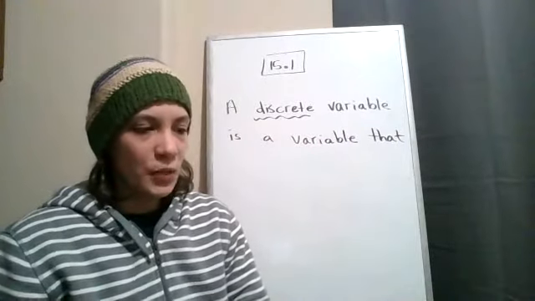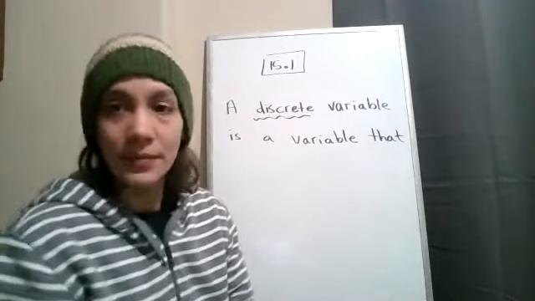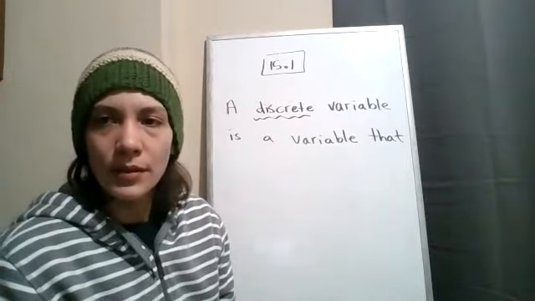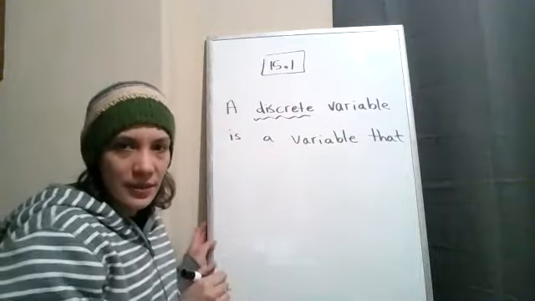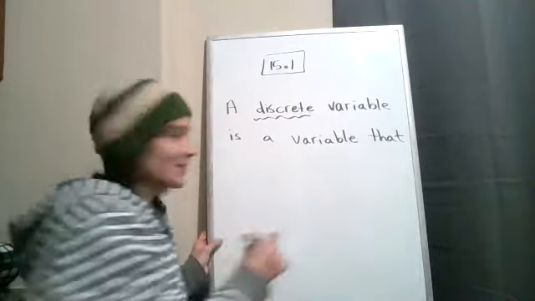That can only change by minimum increments. Okay, cool. And by the way, I have a chat on the side, so if you have any comments or questions, let me know.